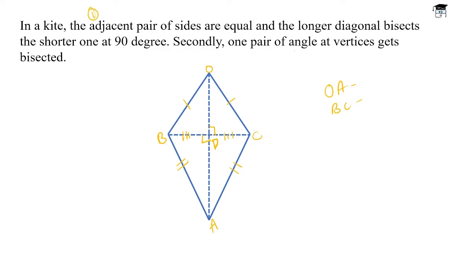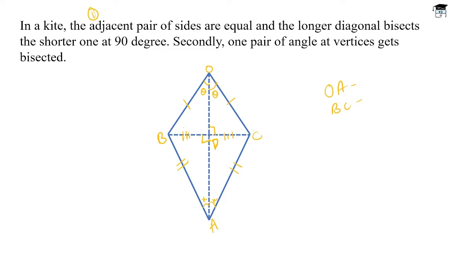Secondly, one pair of angles at the vertices gets bisected. The angles here, theta or x, this pair also gets bisected.